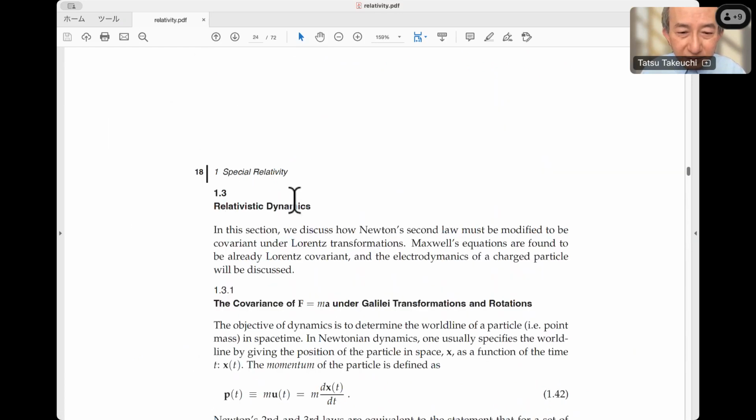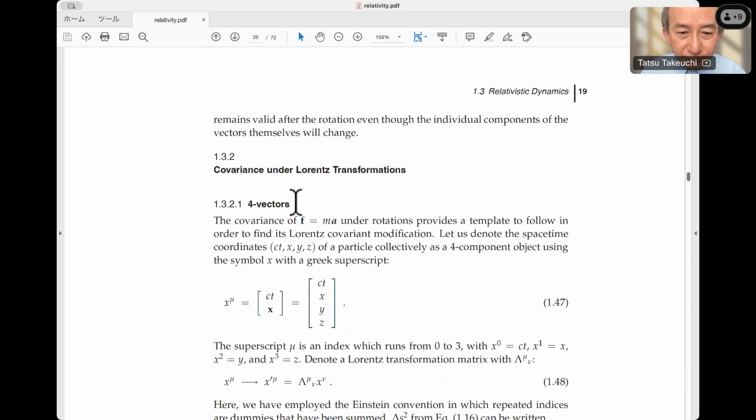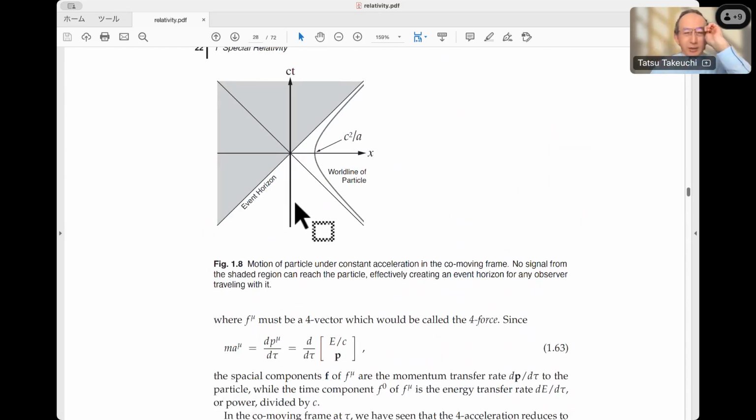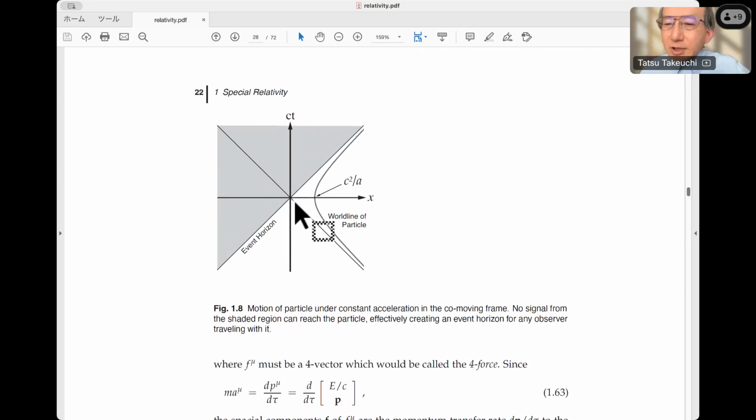Let's see. I'm sharing another file here. Can you see this? I'm showing a space-time diagram, which is in gray. Imagine that you are following this hyperbola.